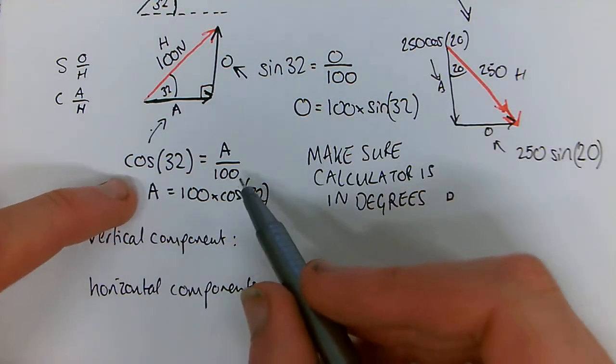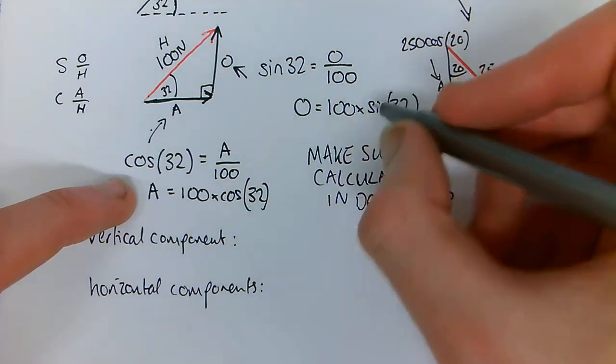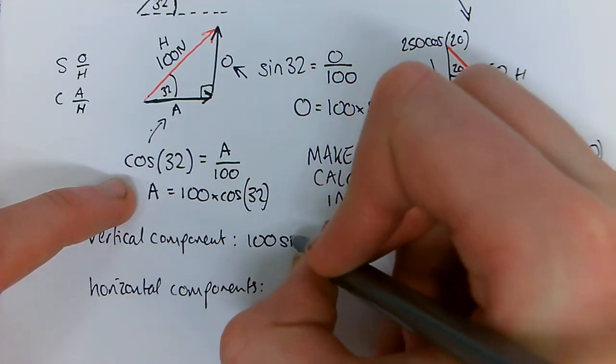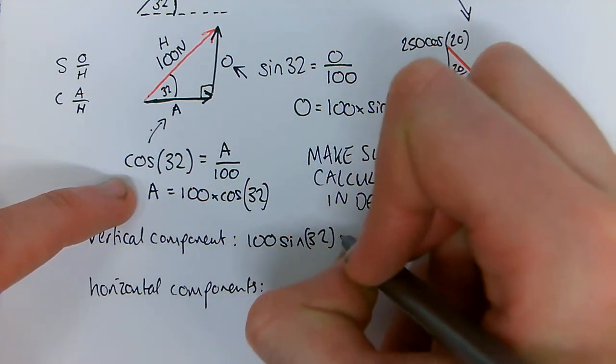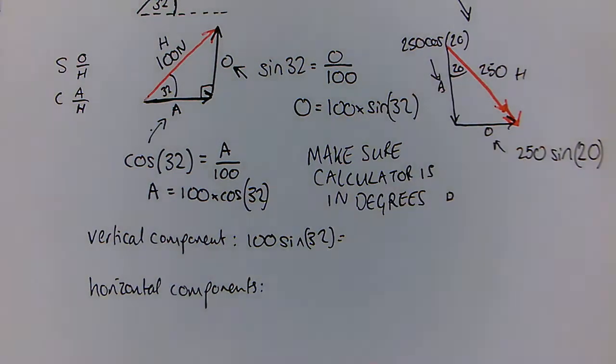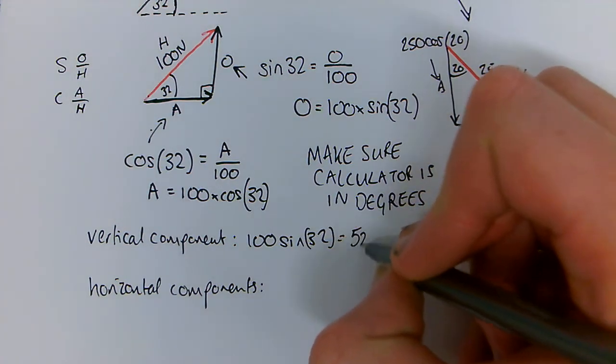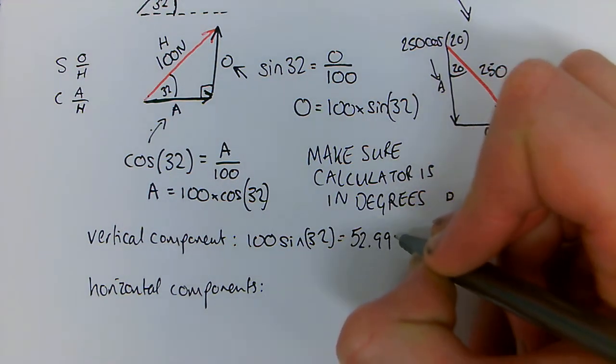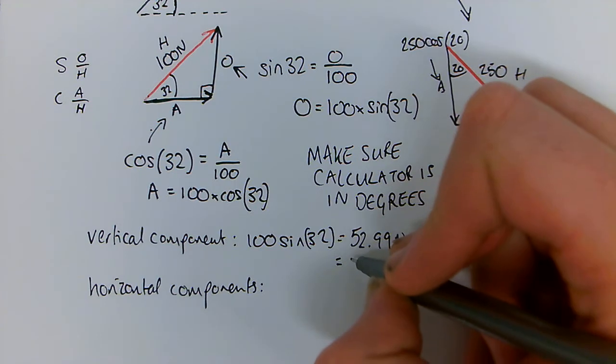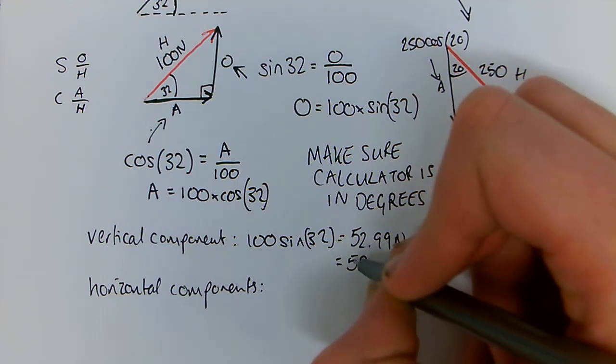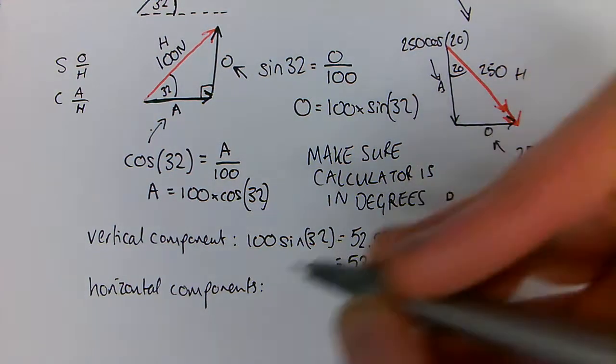So here our vertical component would be 100 sine of 32, which you could put into your calculator to find out what that would be. It comes out about 52.99 newtons, which you would round to a sensible number like 53.0 newtons.